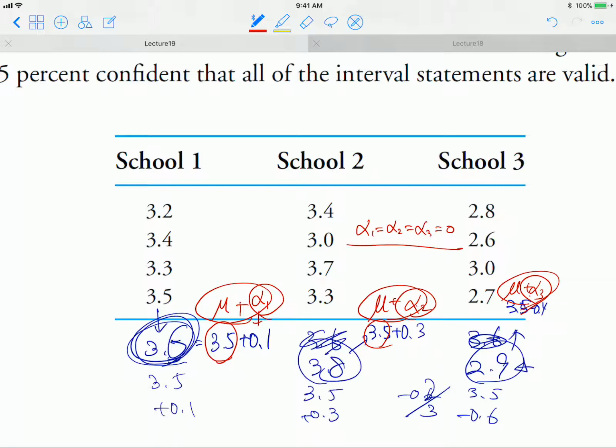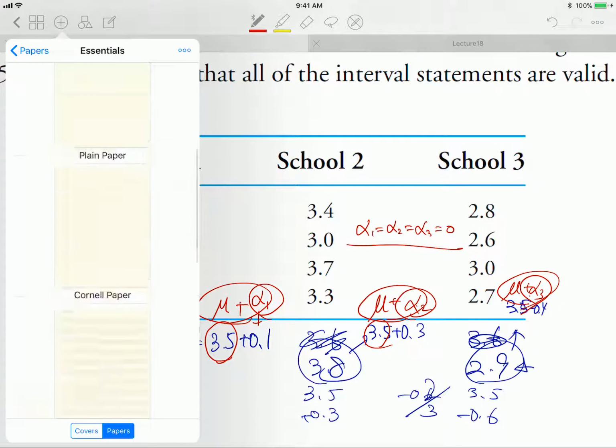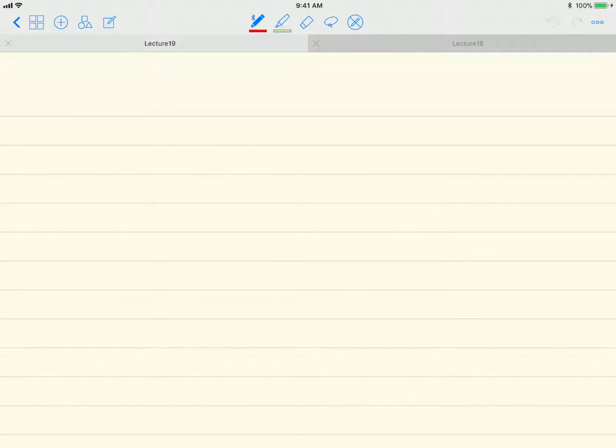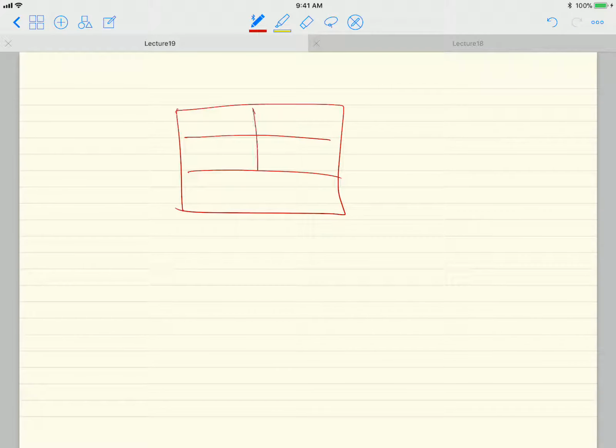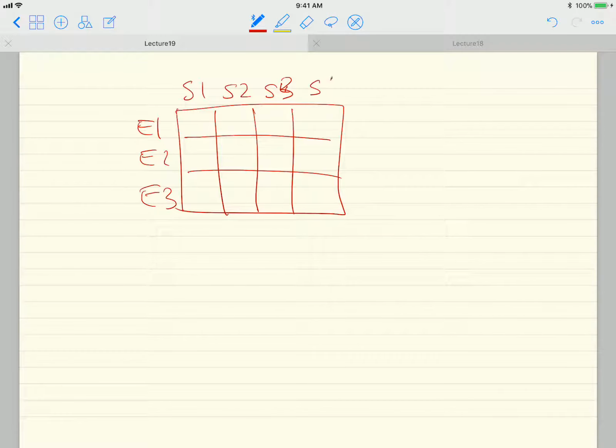Okay, so having that in mind, in the case of two-way ANOVA, we extend this model in this manner. So we had maybe 3 exams, exam 1, exam 2, exam 3, and then maybe student 1, student 2, student 3, student 4.